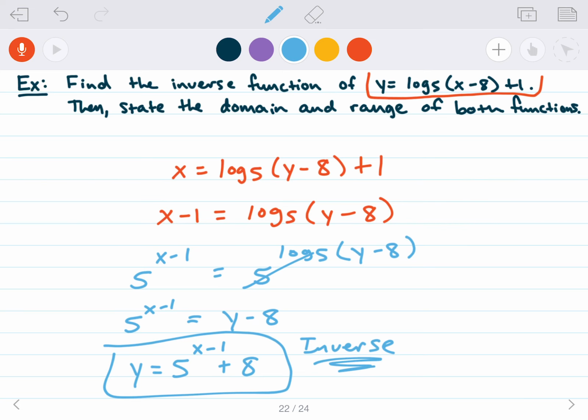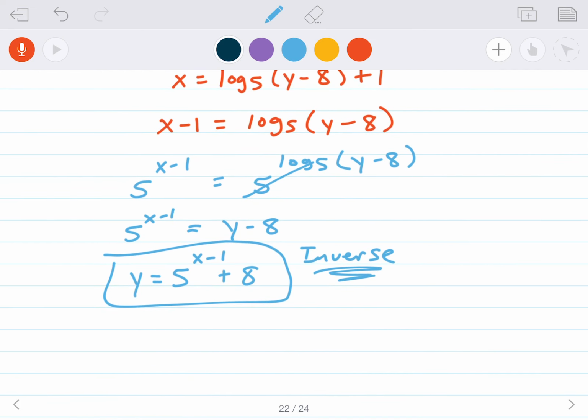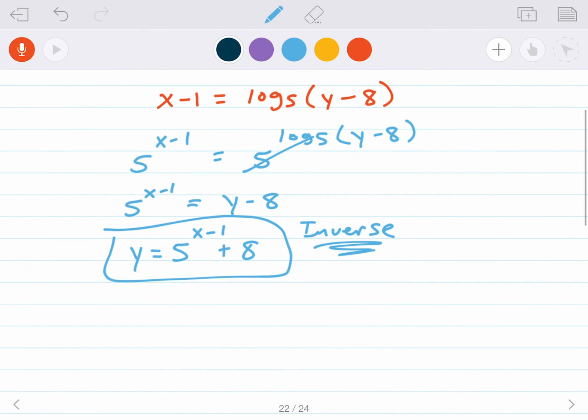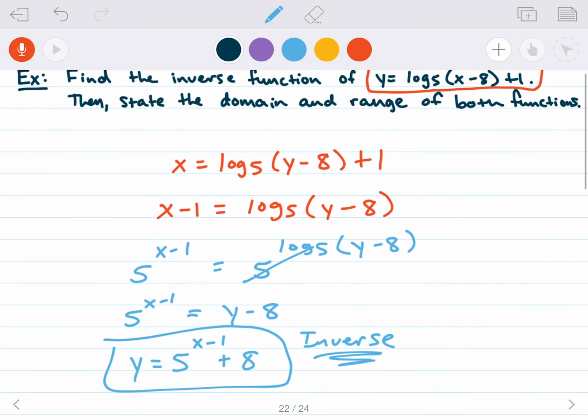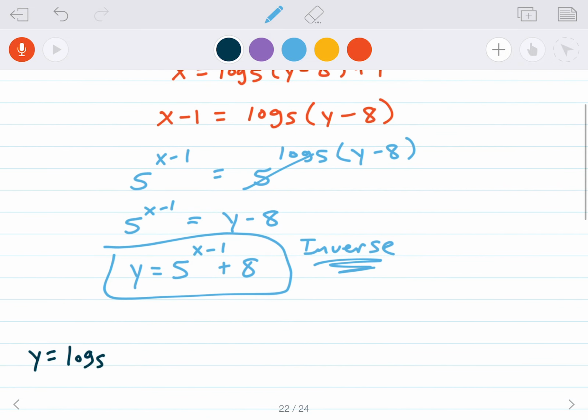Okay, so let's find the domain and the range. So the first thing is we started with log base 5 of x minus 8 plus 1. And then our inverse was 5 to the x minus 1 plus 8.